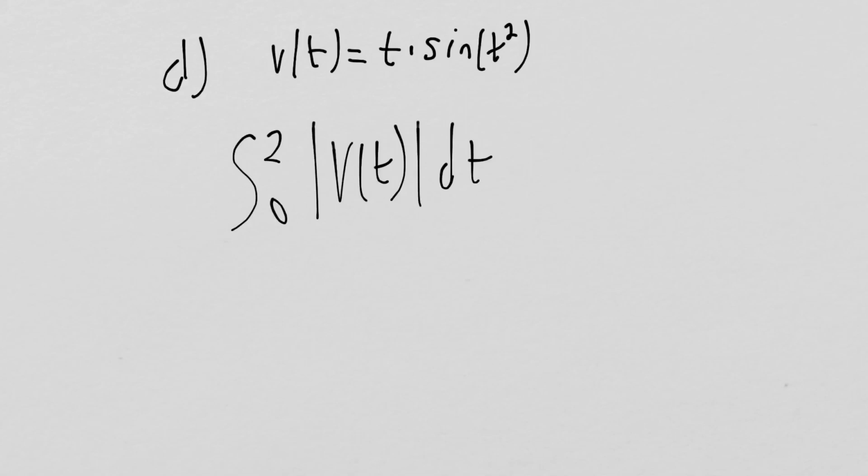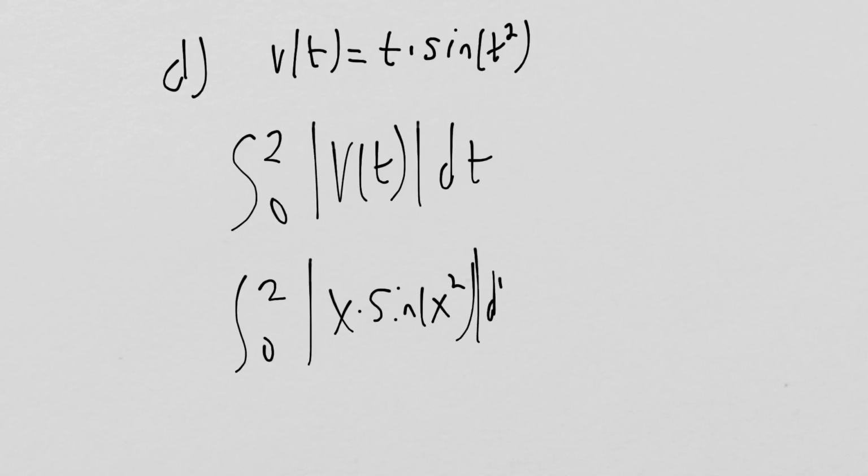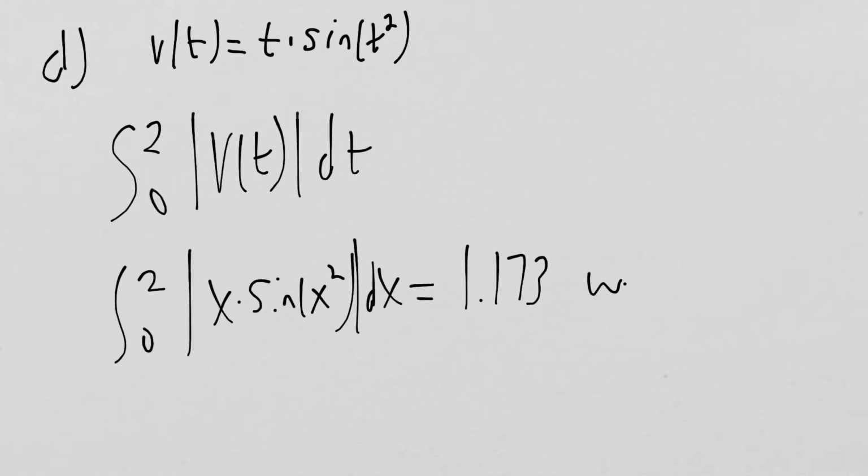So same thing that you'll type into your calculator: integral from 0 to 2 of absolute value of x times sine x squared dx, and that's going to give us 1.173 units. All right, that's it. 1999 AB1 FRQ.